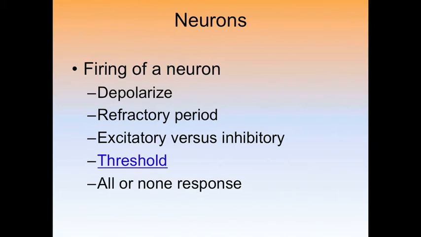Excitatory versus inhibitory, once again, referring to how every neuron is different. Some are excitatory and the threshold is lower for it to fire and shoot an impulse down. Some are inhibitory, which have a higher threshold that has to be reached before they will fire. Basically, they're lazy, okay? And the all or none response.